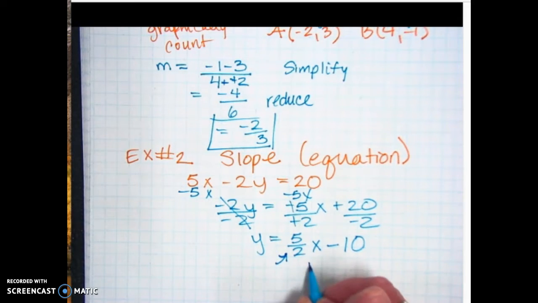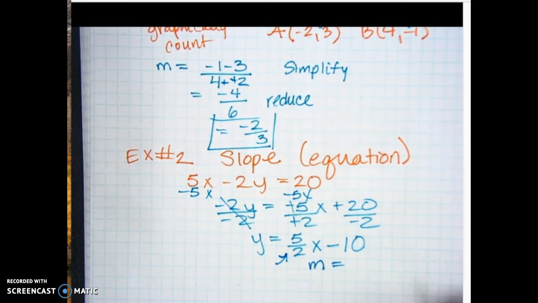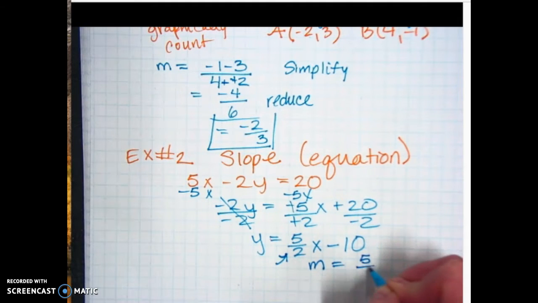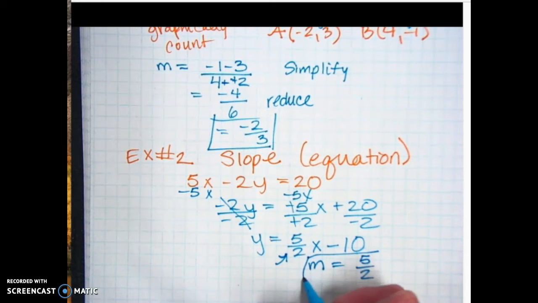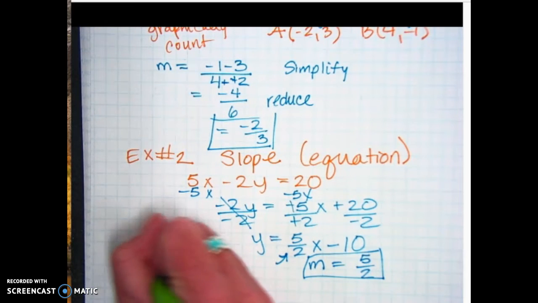So the slope, which we'll just use the letter M, is 5/2. Is this line going to go up, down, horizontal, or vertical? Up, because it's positive. Okay? Just check to see if you can reduce it. Sometimes you can, sometimes you can't. All right? Example number 3.